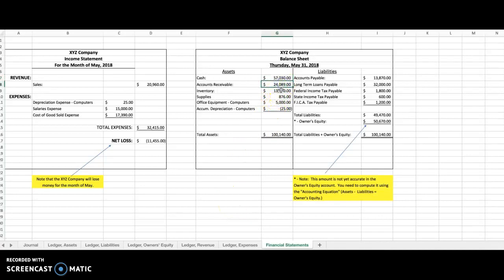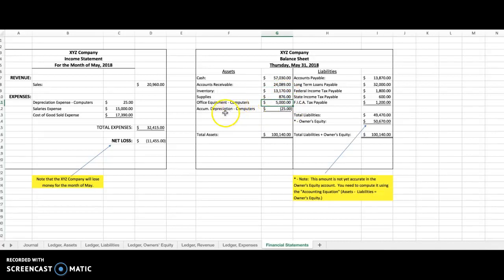Accounts receivable, inventory, we found that by using cost of goods sold, and hopefully you'll understand that whole process. That's the inventory, which accounts for the amount of inventory we purchased, and also accounts for the inventory that we sold, the cost of goods sold. In topic 8, we talked about depreciation.